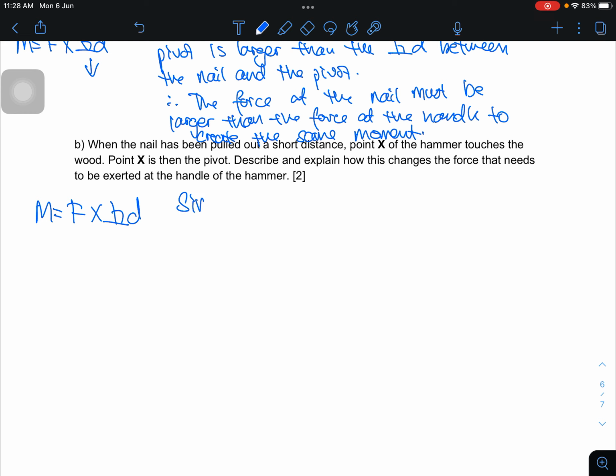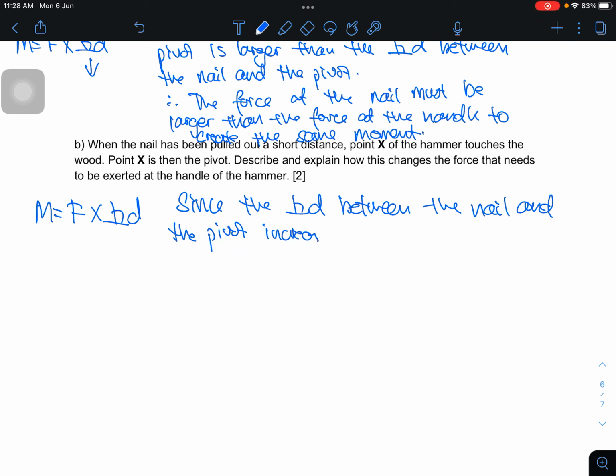Since the perpendicular distance between the nail and the pivot increases, the moment due to the nail increases, right?